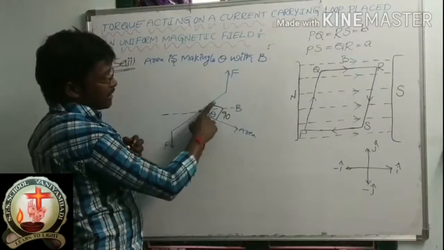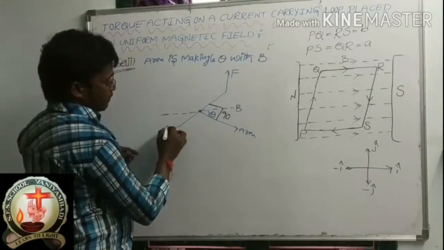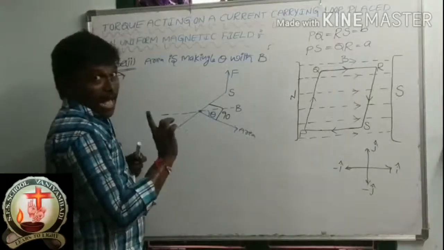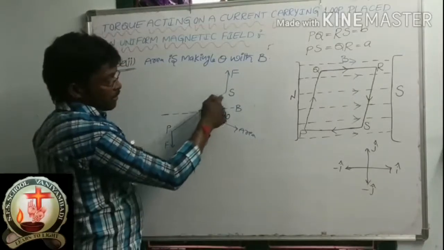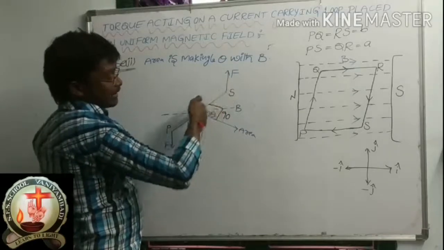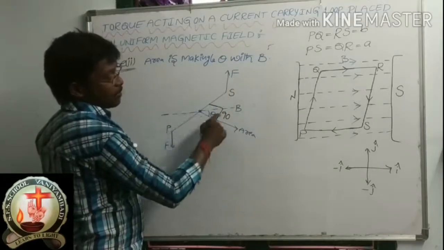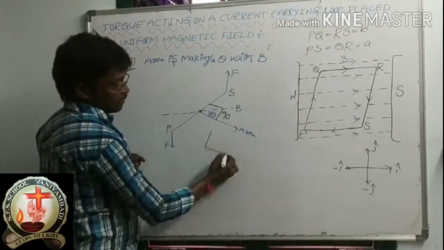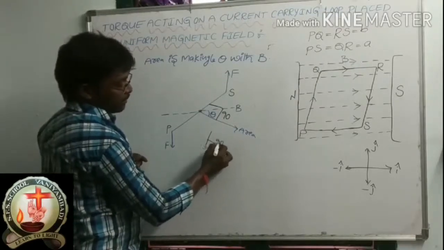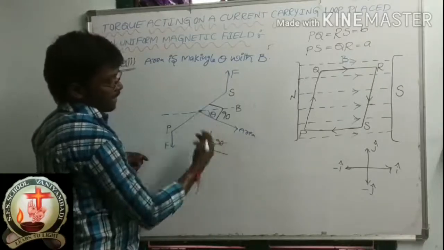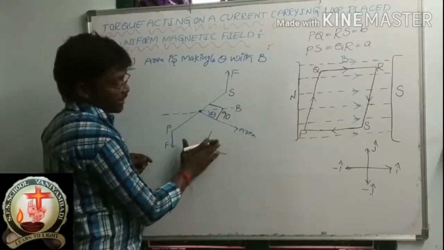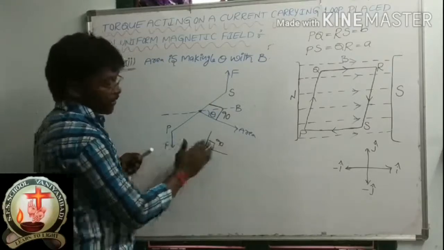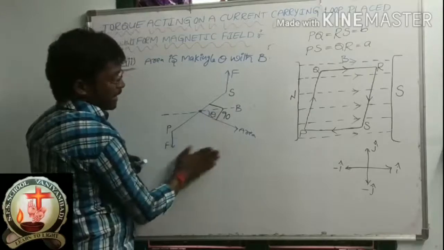You can write here, this is P, this is S. The angle between this line and this area vector, how much? 90. Here, this is the magnetic field. What is the angle between these both lines? 90. So here the angle between these both is 90 and here theta.